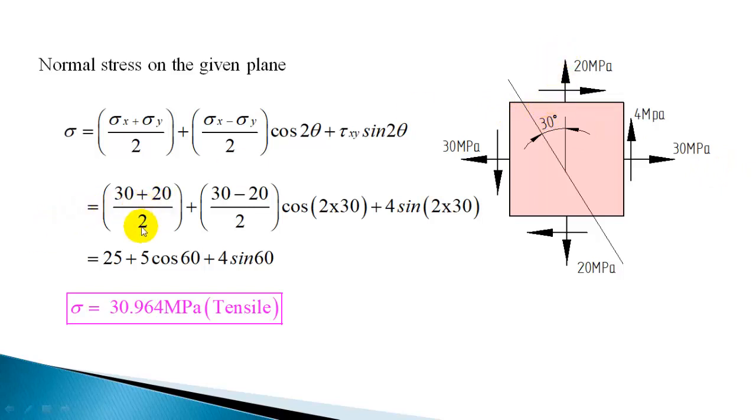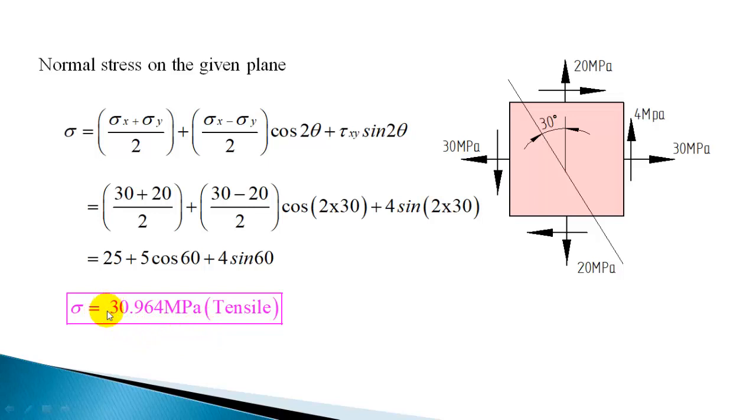So 30 plus 20 by 2, plus 30 minus 20 by 2 into cos 2 into 30, plus shear stress tau xy is plus 4 into sin 2 into 30. So you get 50 by 2, 25, plus 10 by 2, 5, cos 60 plus 4 sin 60, which works out to 30.964 megapascal.